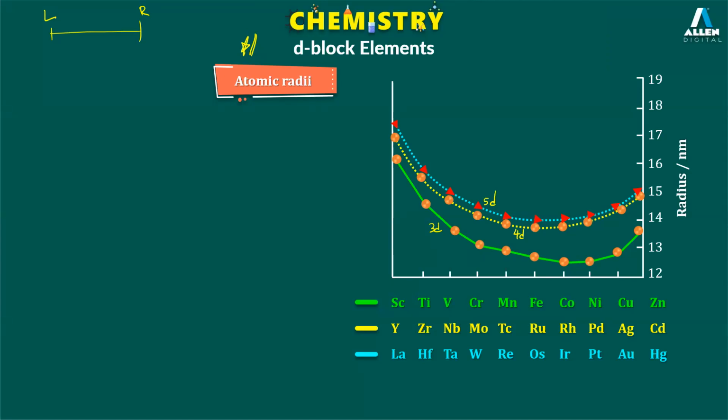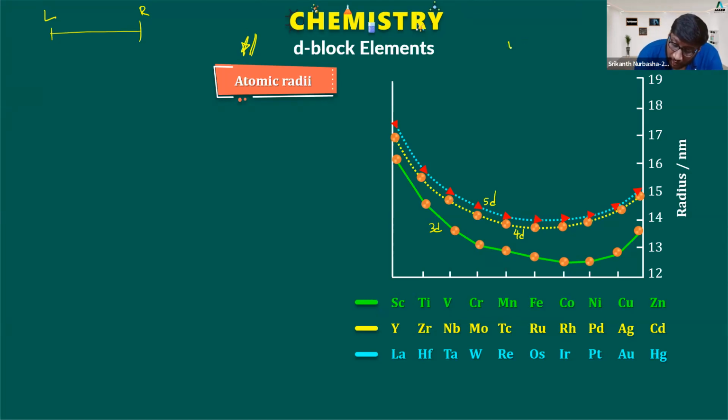Force of attraction between the nucleus and electron, because of increased effective nuclear charge. Because you are going in the same period, electrons are added in the same subshell, so more protons are added. Because of more protons, the outermost electrons are attracted greatly. Because of increased nuclear charge, the size decreases. That is the general case.